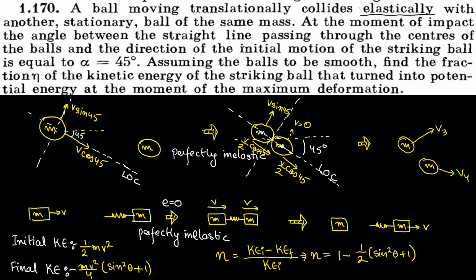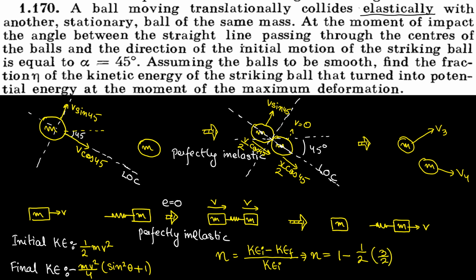Now what is the value of theta? 45. So sin square 45. What is the value of sin 45? 1 by root 2. And what is 1 by root 2 whole square? It is nothing but 1 by 2. So this will be converted to 1 by 2, and 1 by 2 plus 1 is nothing but 3 by 2.